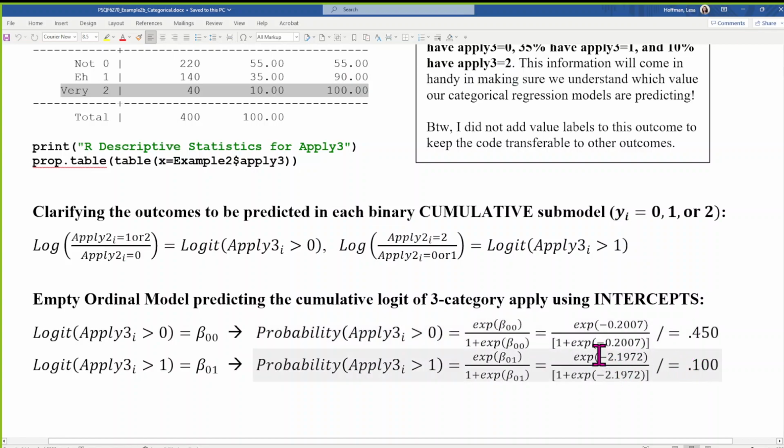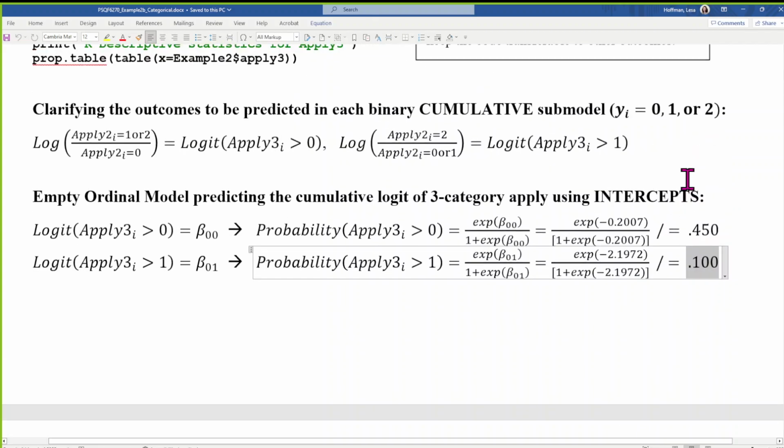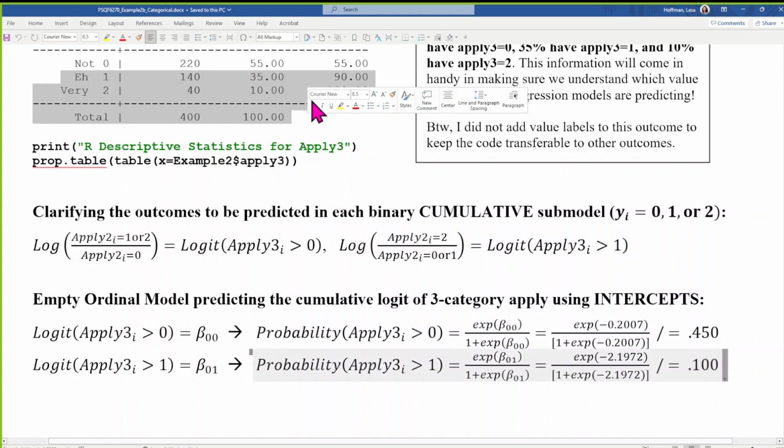So the logit for that is minus 2.2, which converts into a probability of 0.1. So these probabilities and being able to map them back onto the data is how I know what I'm getting back. So these are the numbers that we're going to see. I will show you the code and the output where they come from in just a second.